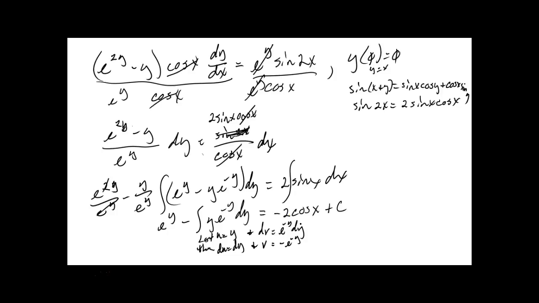Do you buy that? If you don't, take a derivative of this and see if you get that. The derivative would be minus e to the minus y, chain rule times a minus 1, e to the minus y dy. Yeah, that works. Okay. Where do we go from there?